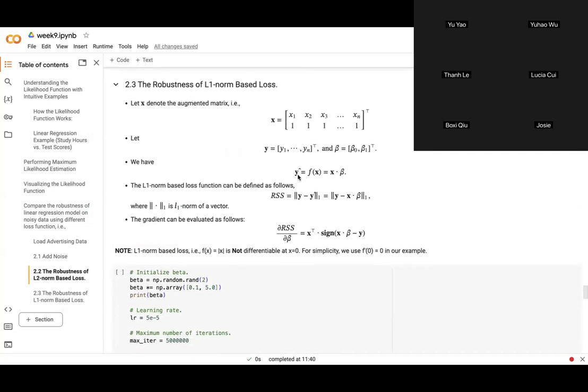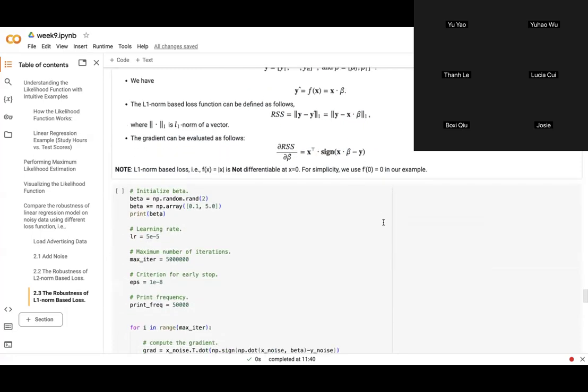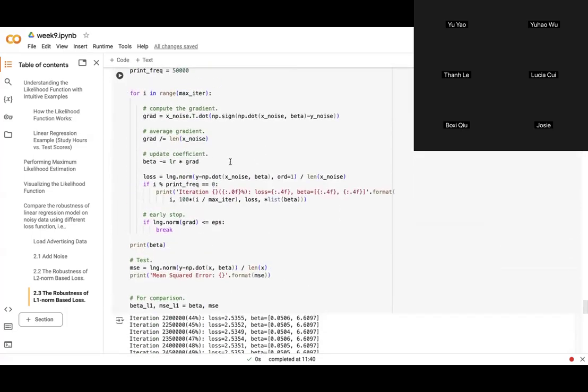And for the second, we use L1, the absolute loss function. For this one, used in the linear regression model, we use another mathematical approach to calculate the gradient, because this is L1 now. So the gradient is different from L2.